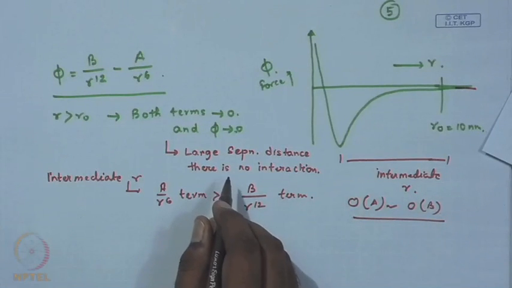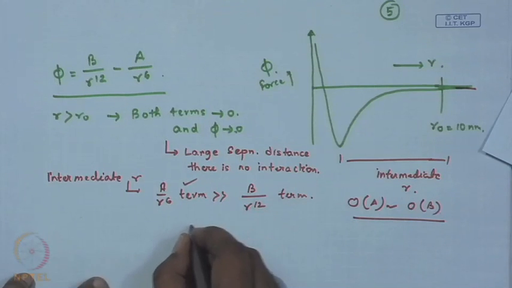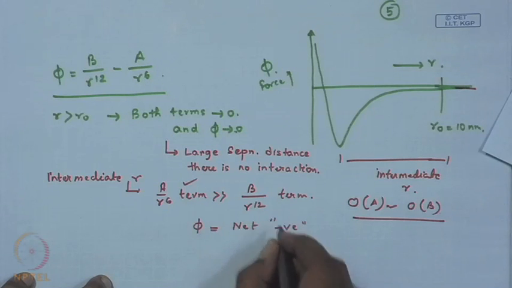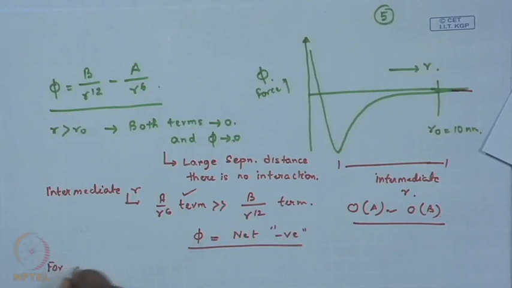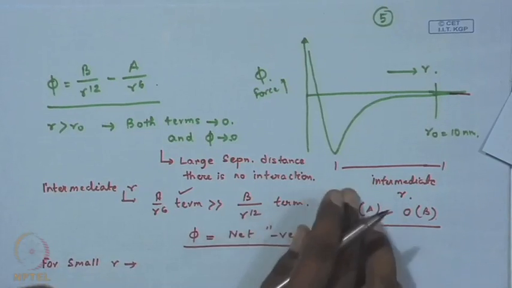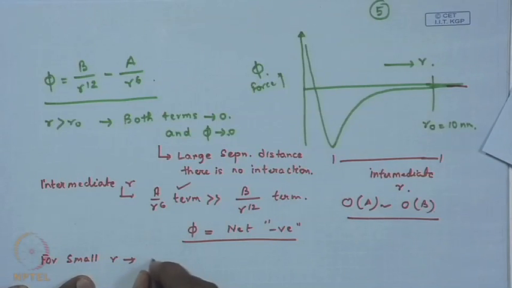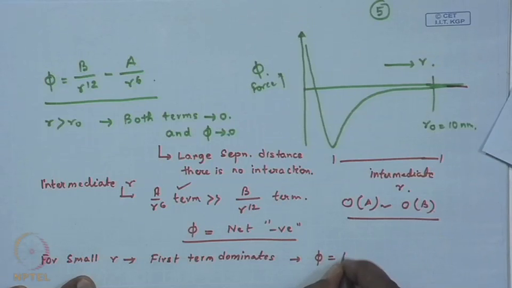So, your phi is a net negative and you have an attraction. For very small r, since r is in the denominator, the smaller the value of r, the r to the power 12 term will start dominating. The first term dominates, and you have phi positive.